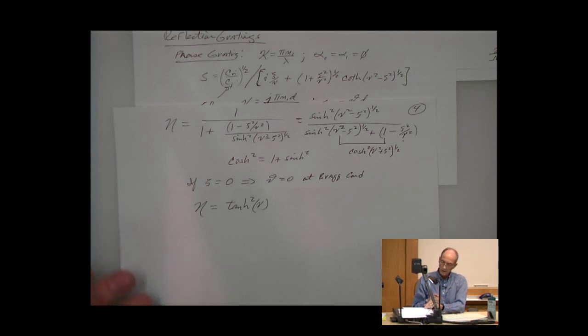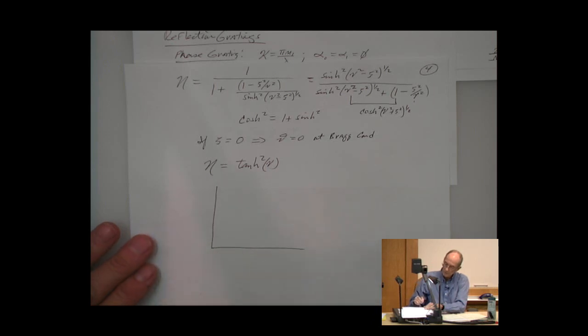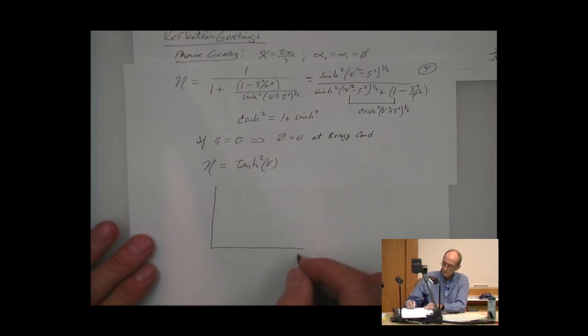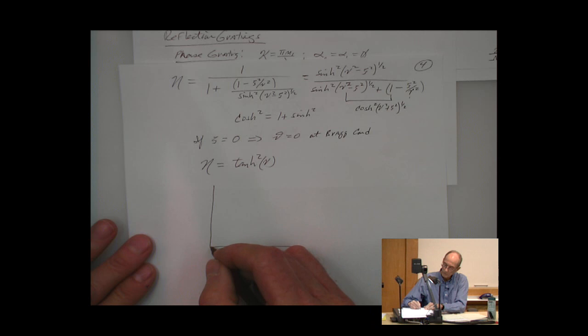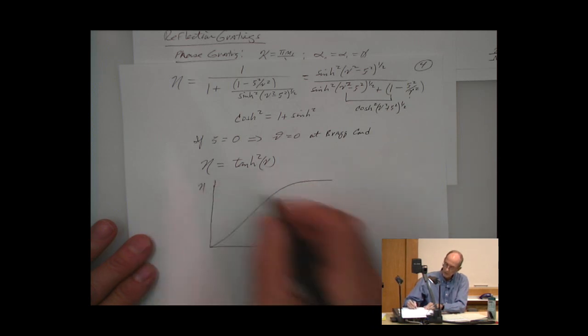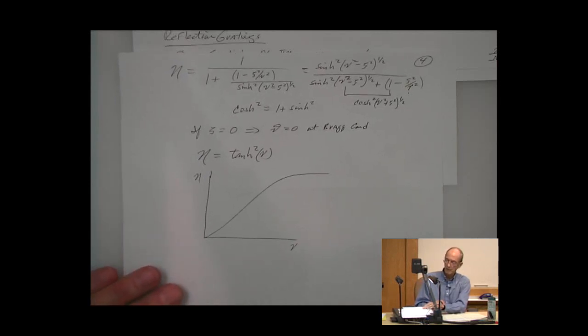Okay? So that's quite useful. And so that means that we're going to have a curve that's very different from the transmission case, which was that oscillating sine squared function. Here, we're going to have a curve for the efficiency which will saturate, okay? And that kind of makes sense, right?